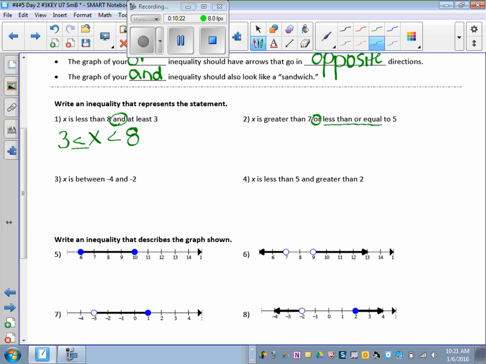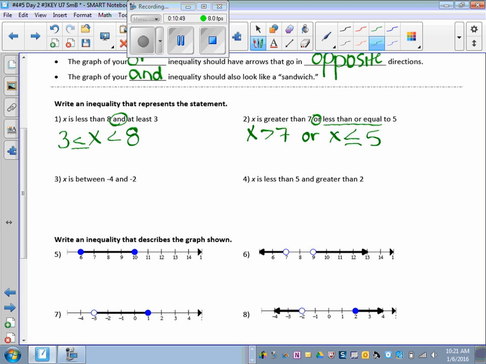So when we have or, we have two separate statements here. So x is greater than 7, or x is less than or equal to 5. So pretty much you just write it as you read it.